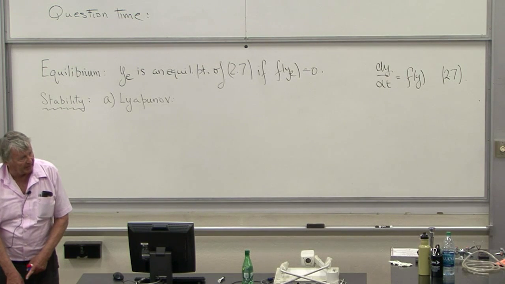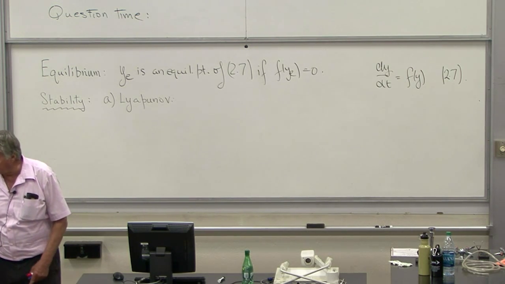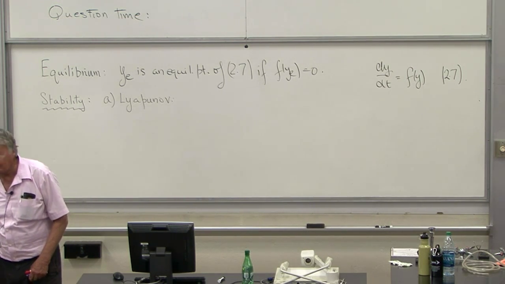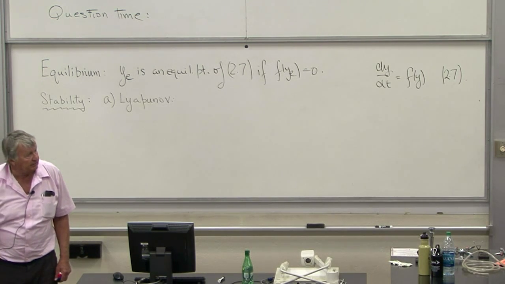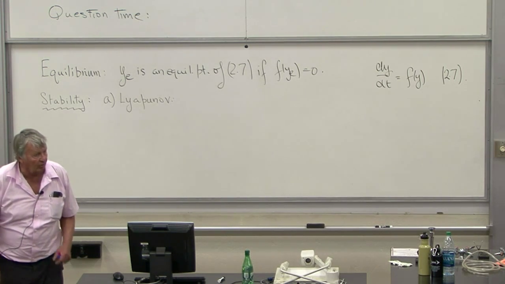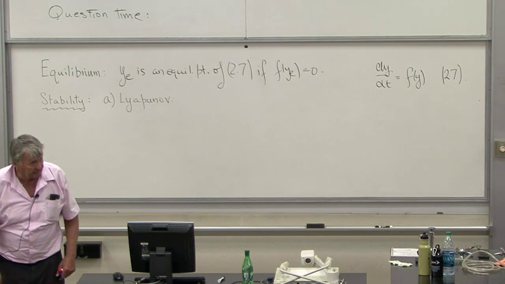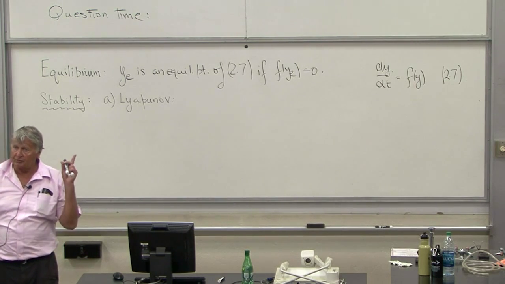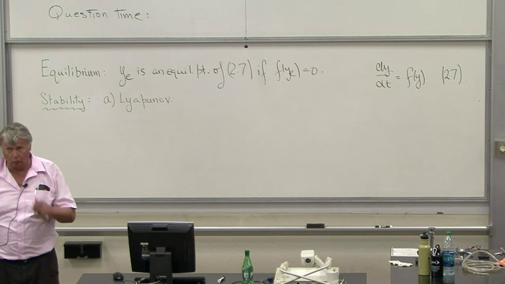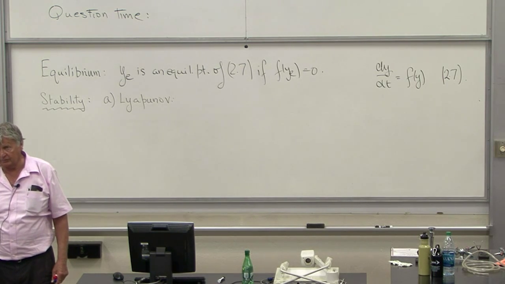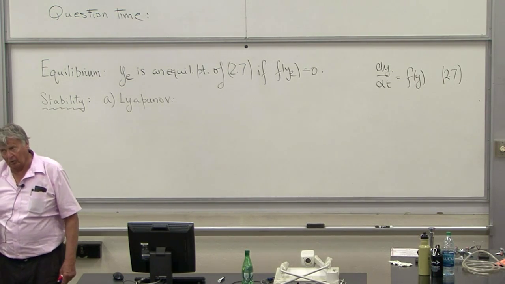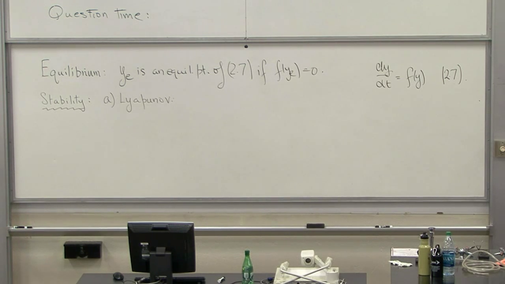We're not going to demand that if I perturb around the equilibrium point, the subsequent dynamics will bring me back there. In most of our examples, that's what's going to happen in one dimension, for first order equations. But there's a weaker notion of stability, which is not bad either.